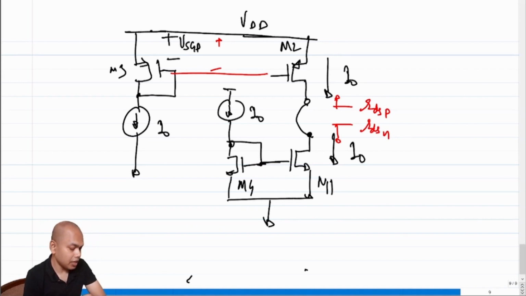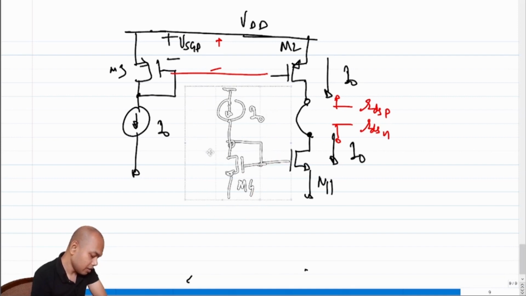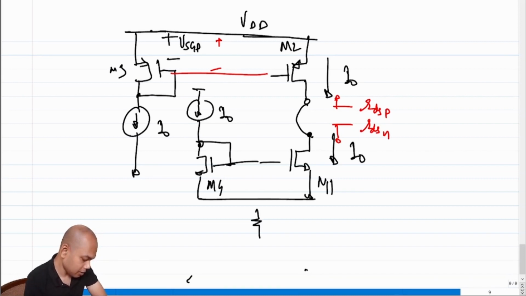But now the question is, how do I apply an input? We know how to apply an input to the n-MOS side, and we'll essentially do that. We'll basically use one of the earlier methods that we had. We apply an input, and all we need to do is AC couple our input here.